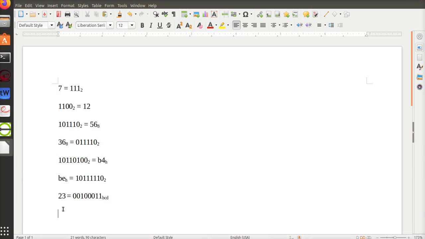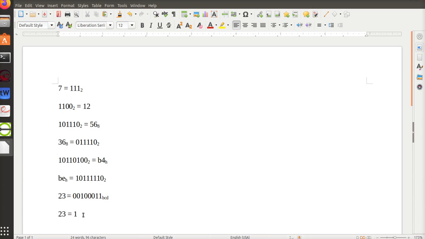So can't do it. What is 23 in binary? Well, I've got a 16s place. So let's start with 23. 23 equals, we know it's decimal. So if I was to convert 23 to binary, I would have a 16s place.